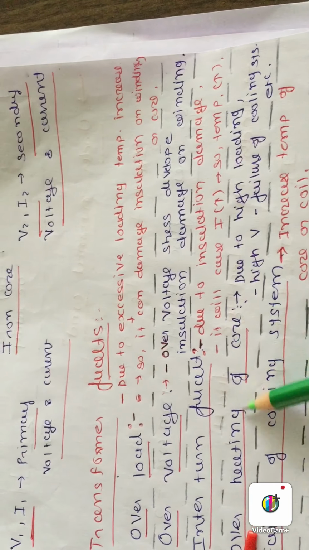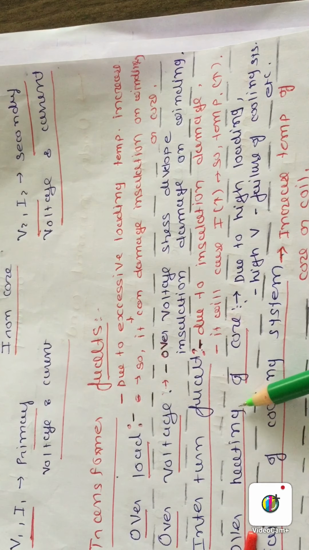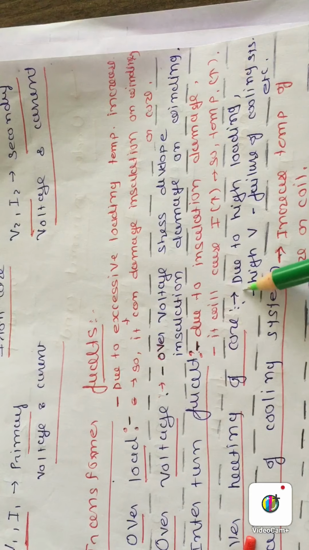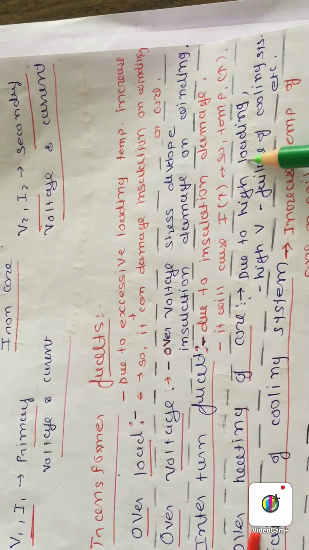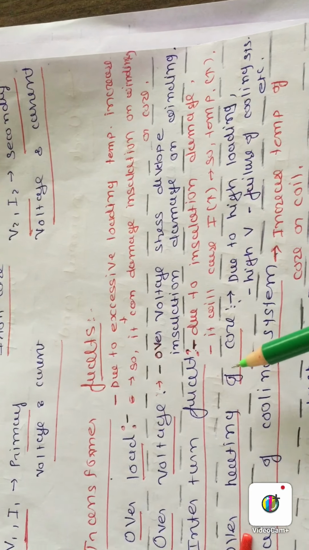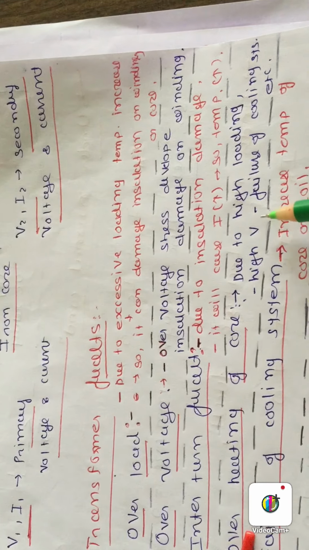Then another fault, overheating of core. The reasons for overheating of core are mentioned here. Due to the high loading, if you are operating your transformer with excessive loading, then overheating of core will occur. Due to high voltage also, and failure of cooling system.